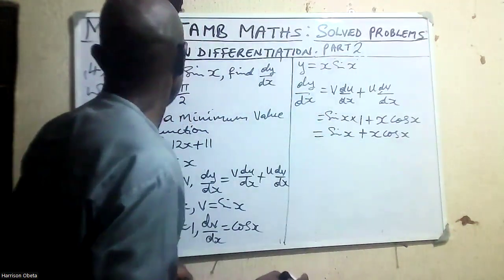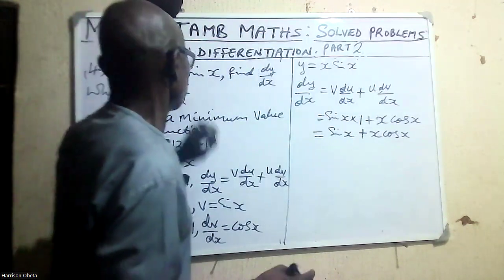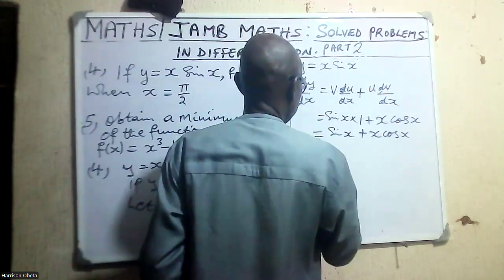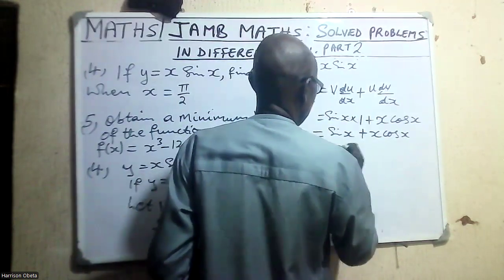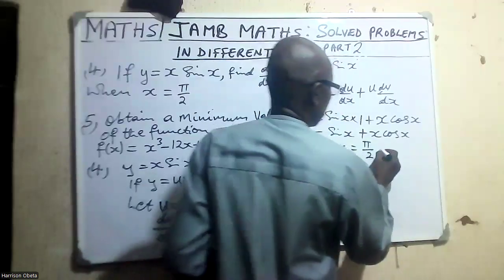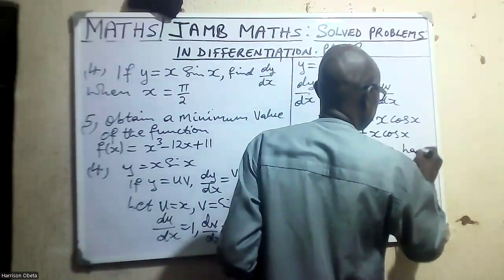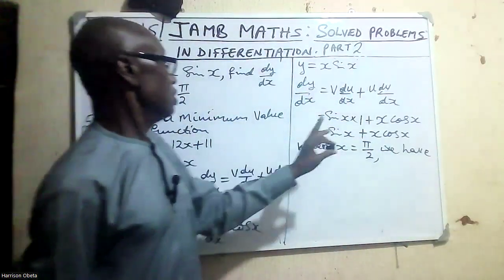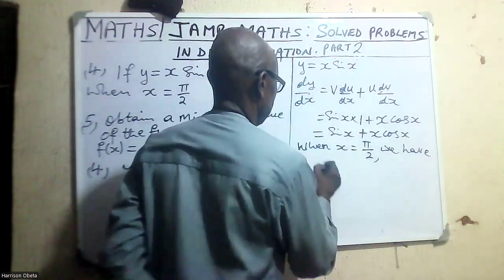But we are going to do that when x equal to pi over 2. When x equal to pi over 2, we substitute here.